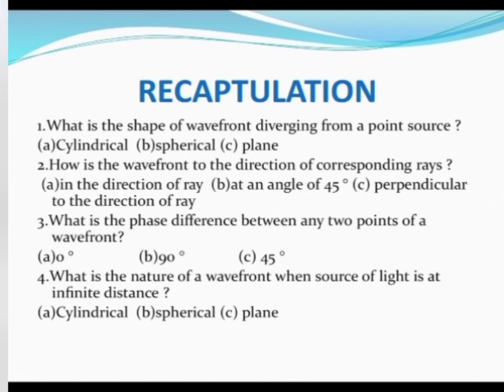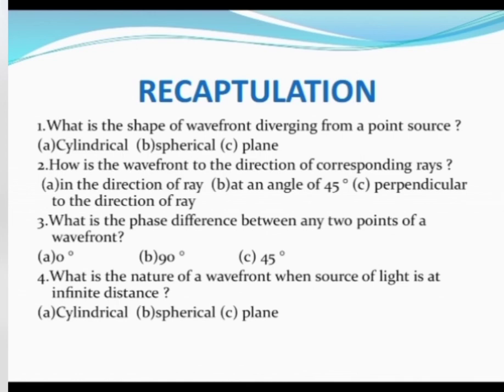In the second question, how is the wavefront related to the direction of corresponding rays? Option A is in the direction of ray. Option B is at an angle of 45 degrees. Option C is perpendicular to the direction of rays.